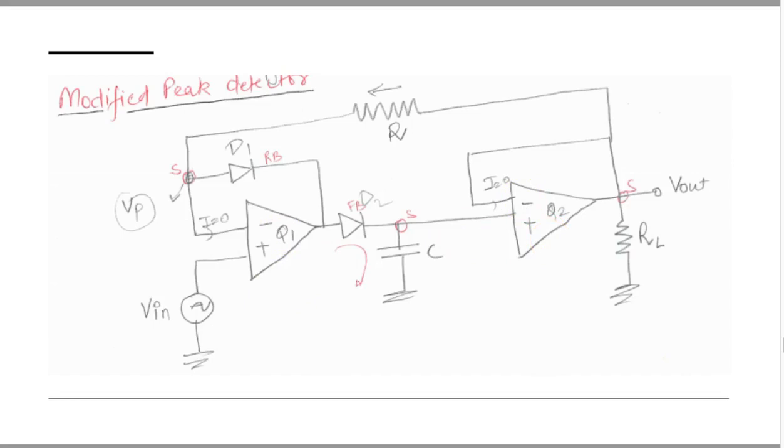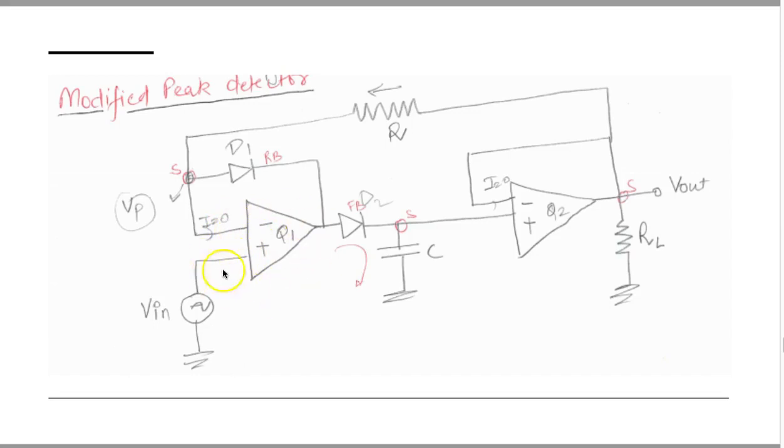Okay, now let's take two cases. In the first case, when you supply some input signal to the Q1 op-amp, and this input voltage Vin is positive, and right now the current going in from here is 0.